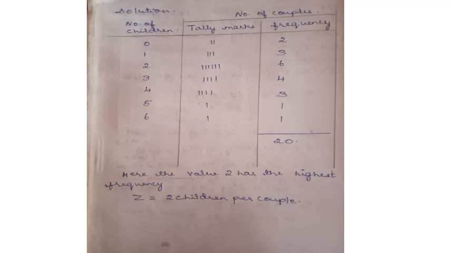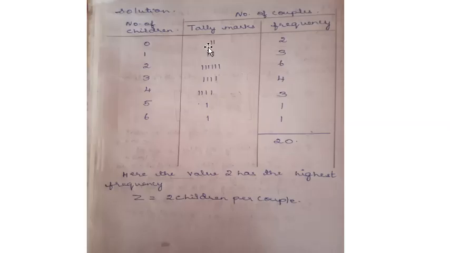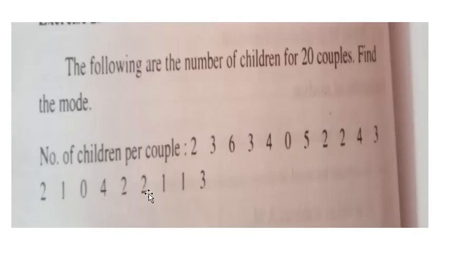Now how many times is 0 repeated? Here you have to count. 0 is there 2 times, so you draw two lines to count, and write 2. Next you go to the question. 1, how many times?